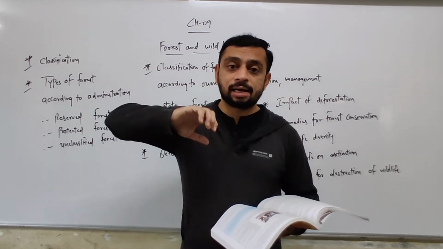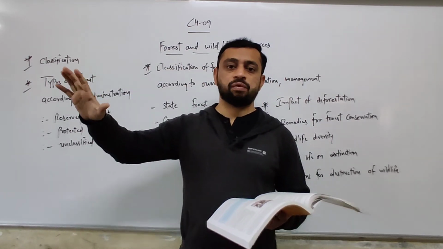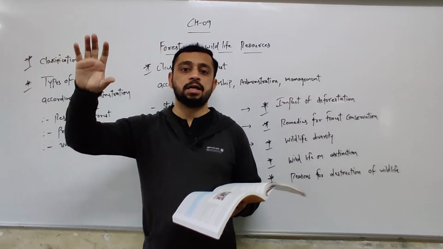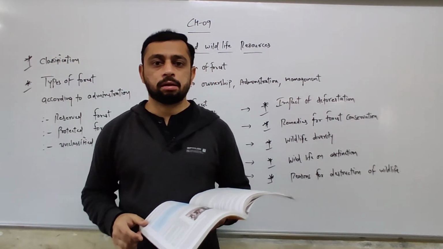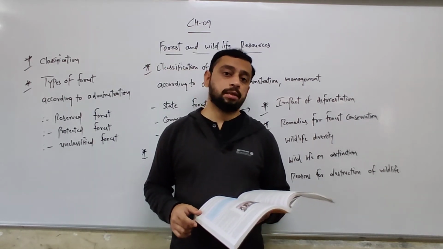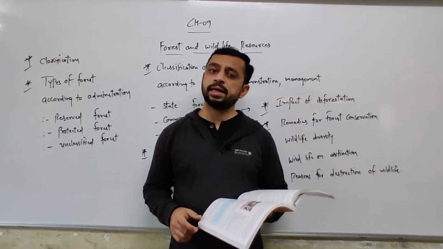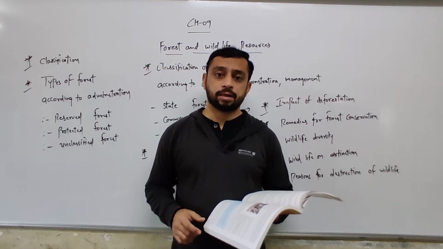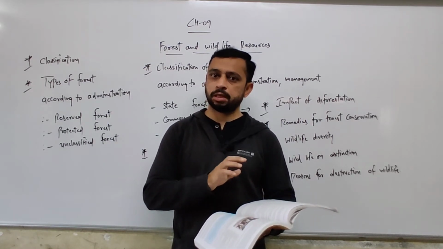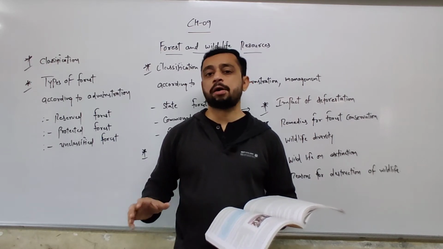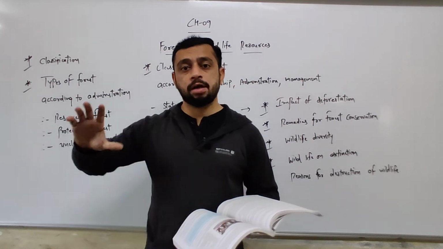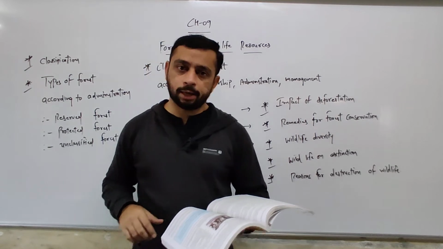In all the other countries in the world, tigers and lions are kept in cages. They are not allowed to roam freely. India is the only place where, it has been specifically given in the textbook, tigers and lions are seen in their natural habitat. That means they are allowed to live in the forest.